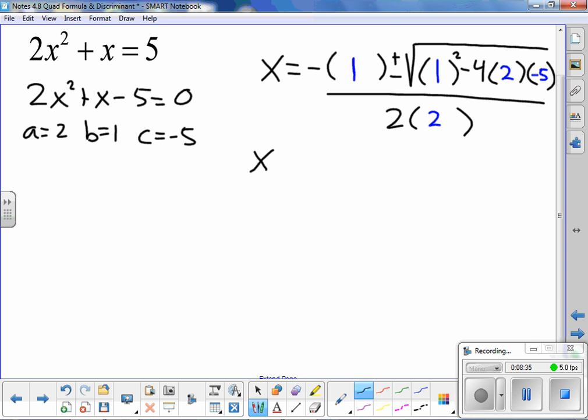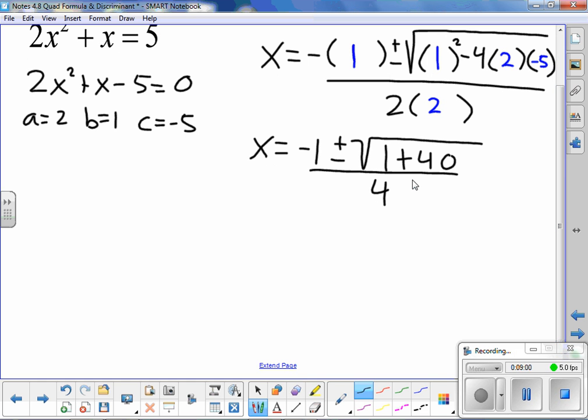So it's going to be x equals negative 1 plus or minus the square root of, so the 1 squared is a 1. Negative 4 times a 2 is a negative 8. Times a negative 5 is a positive 40. All over 2 times 2, which is a 4.